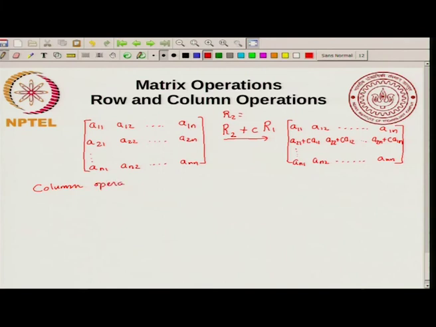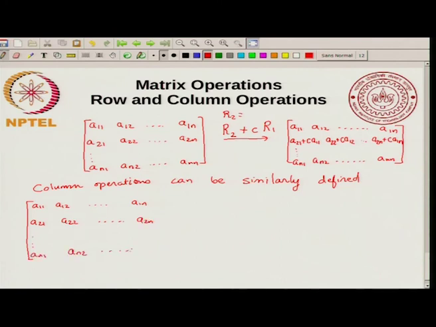You can also have column operations, which can be similarly defined. For example, you have the same n by n matrix A, and you do a column operation where C2 equals C2 plus D times C1.